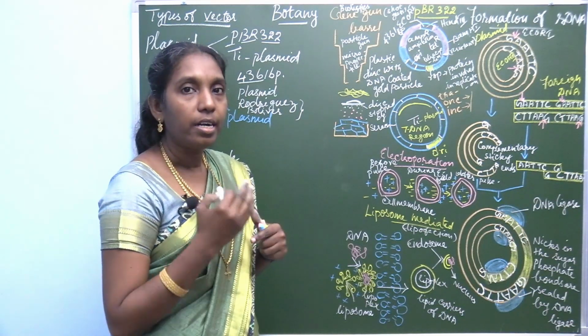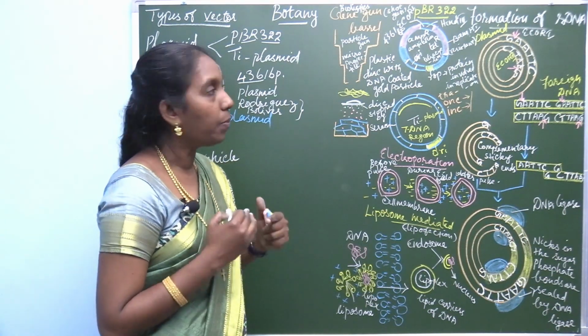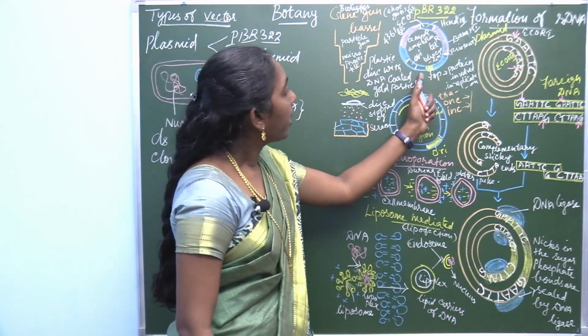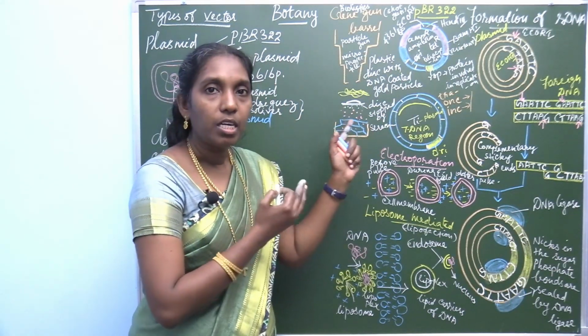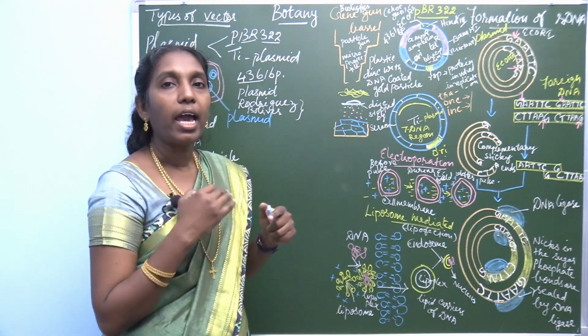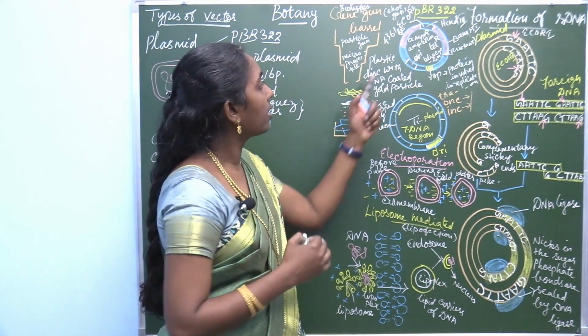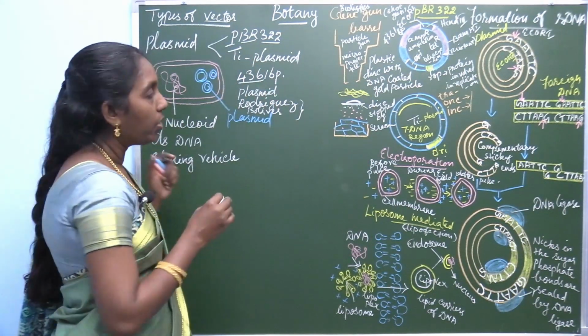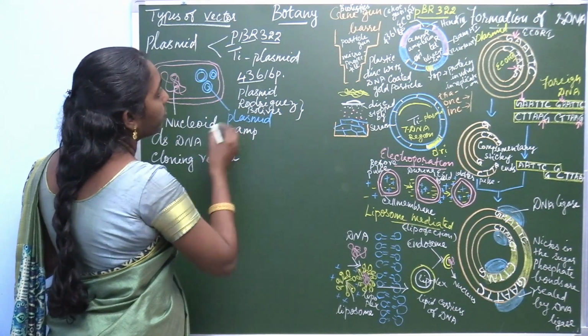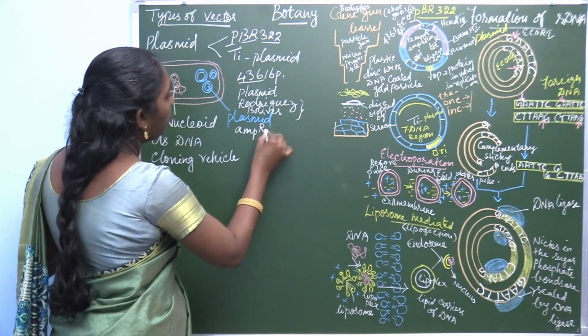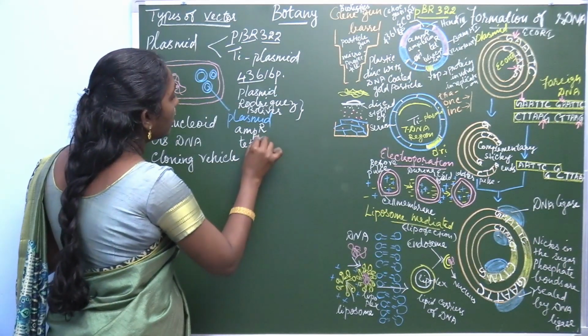There are different sites present in the plasmid. PBr322 consists of antibiotic resistance regions. There are two antibiotic resistance genes, AMP-R and TET-R.